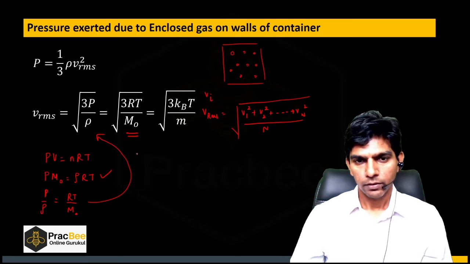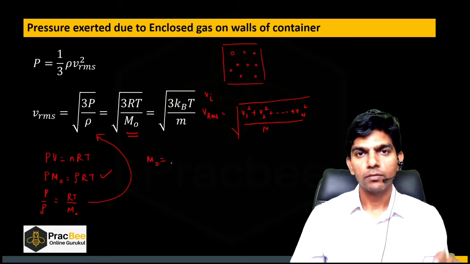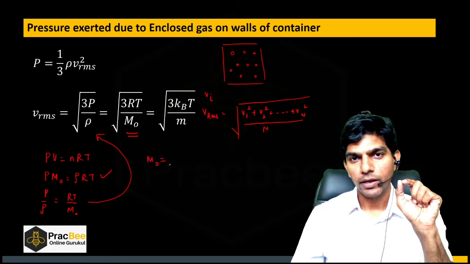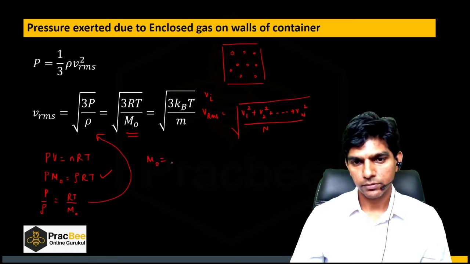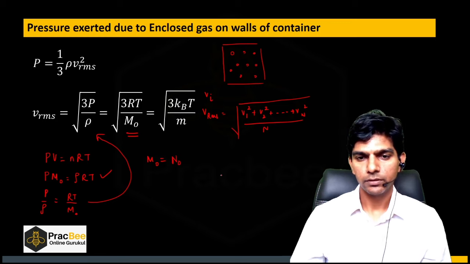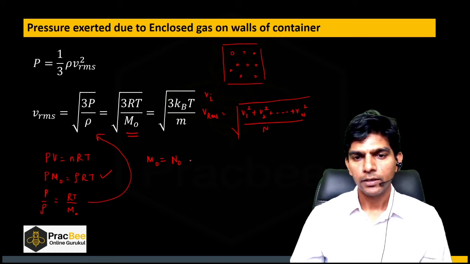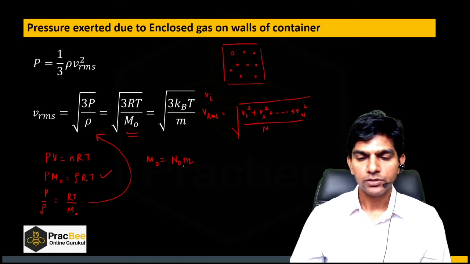Now we know that molar mass is nothing but the mass of Avogadro's number of molecules. Let us say n naught is the Avogadro number, which is 6.022 into 10 raised to 23, as you must have studied in chemistry, times the mass of one molecule.